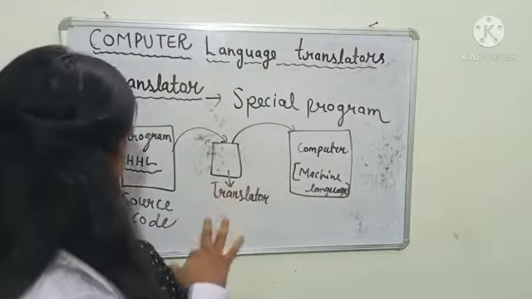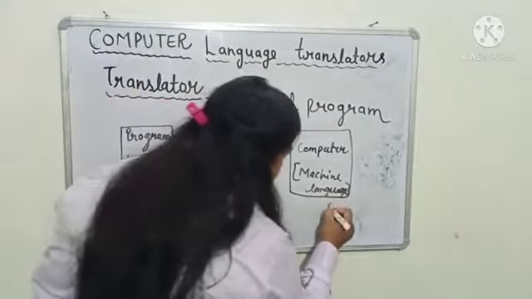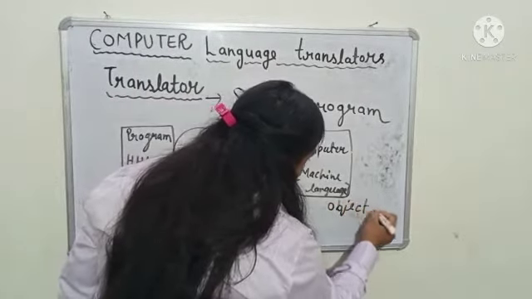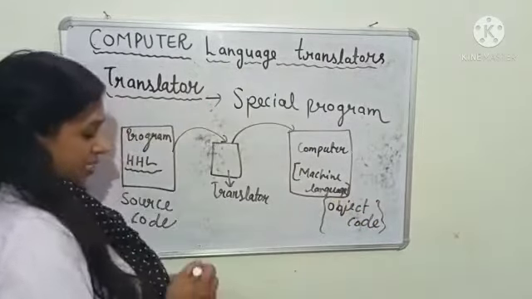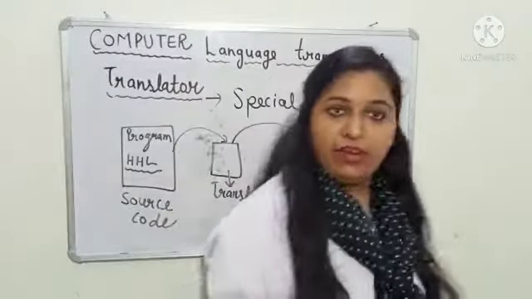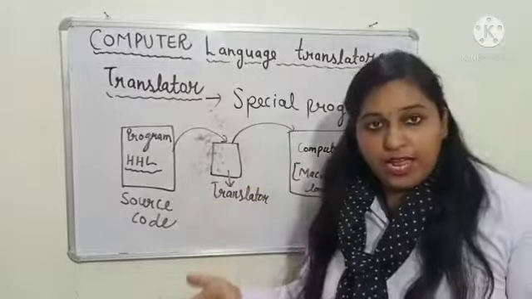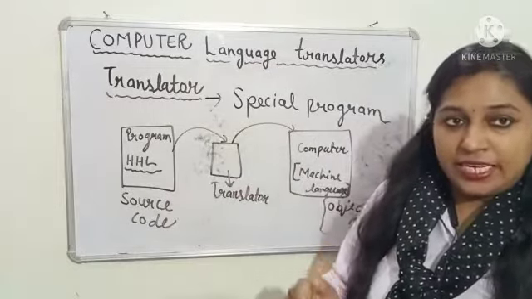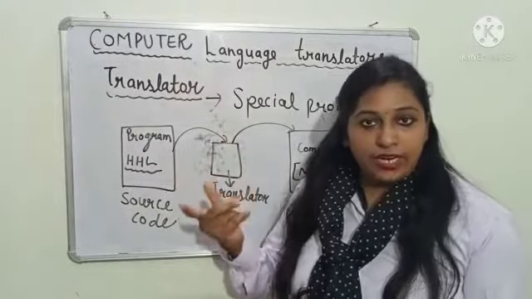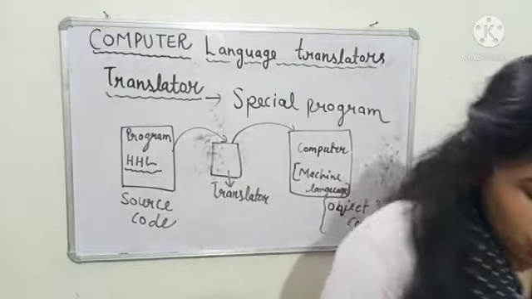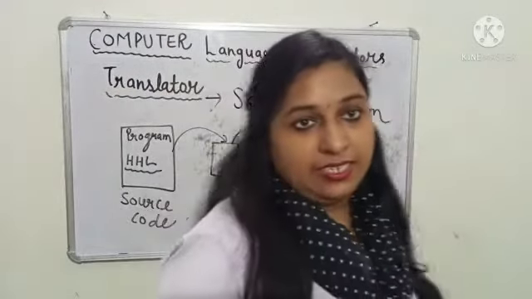And the translator converts source code to object code. That means the translator converts high level language to machine language, computer language, binary language, in the form of 0 and 1, because the computer understands only binary language, right? So this is about the translator and the need of a translator.